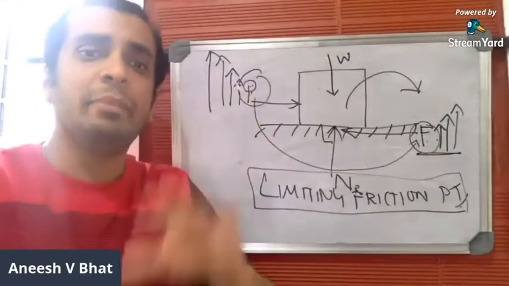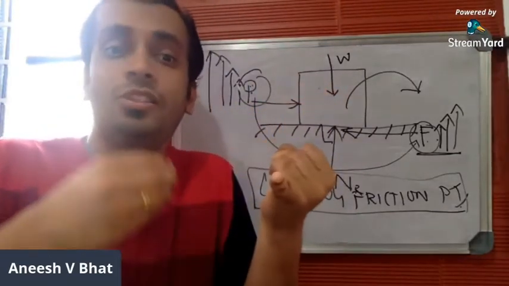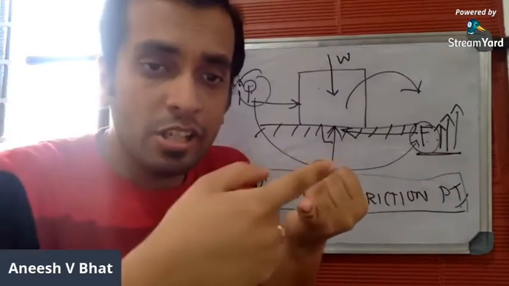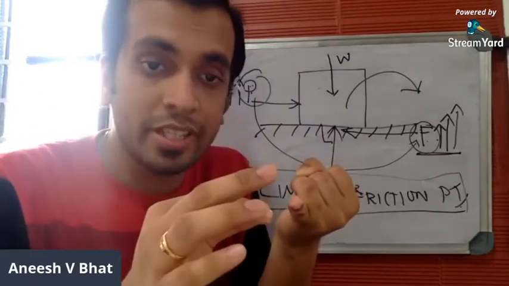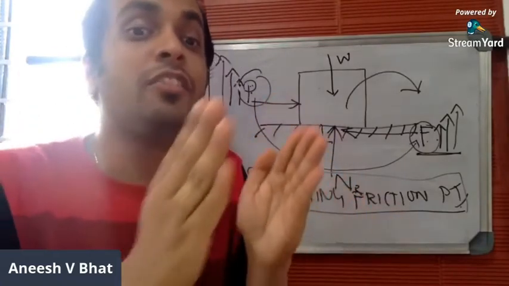Now we have to remember several things here. The first concept you are supposed to remember is how to mark the frictional resistance. Frictional resistance will always be tangential to the surface, and its direction will be opposite to the direction of motion of the body.